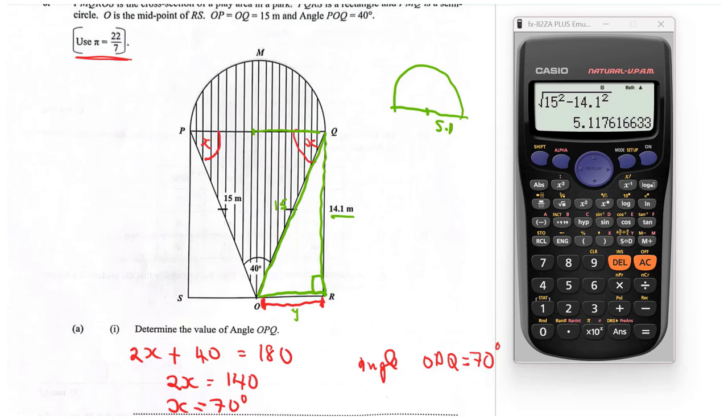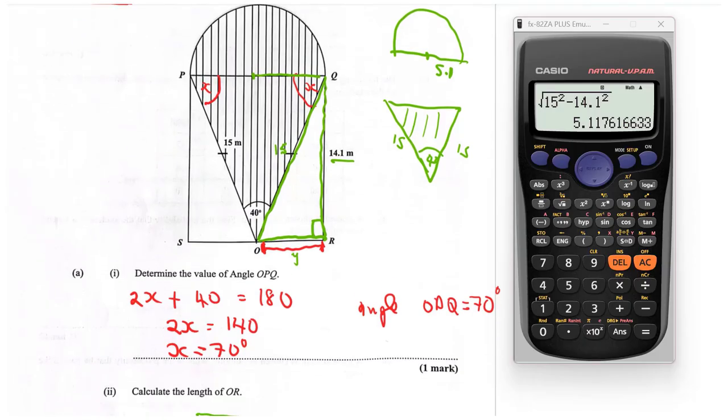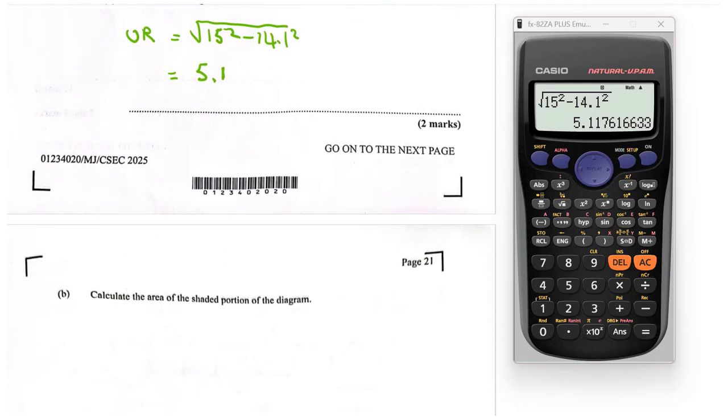We also have the triangle with angle here 40, and we have sides 15 and 15. We also know how to calculate that. Right? Now let's go down here in the space provided.